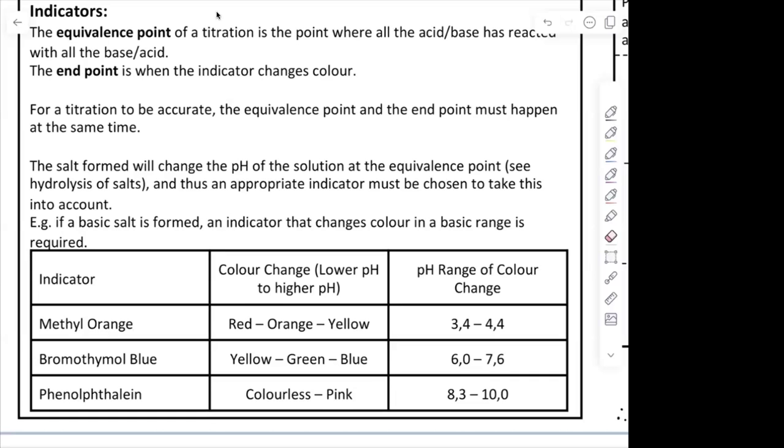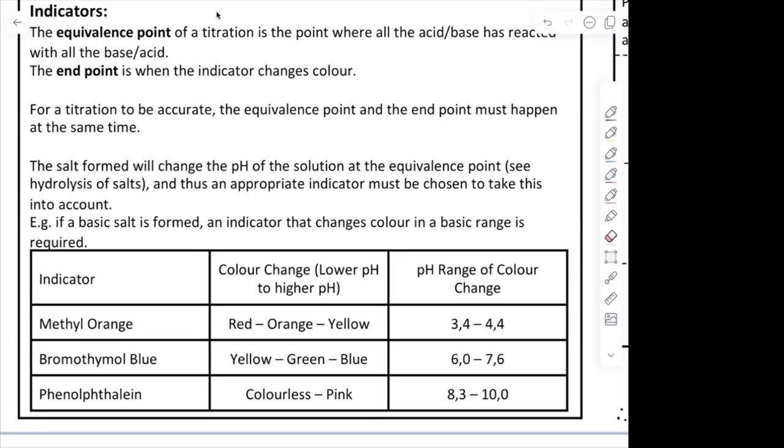That one is for when you're looking for more of a basic endpoint, meaning I'm dealing with a strong base and a weak acid. I expect my endpoint or equivalence point to be north of 7, slightly higher up in my pH range. That one goes from colorless to pink as your pH goes up, in a pH range of 8.3 to 10, which is where your equivalence point or endpoint is going to sit.